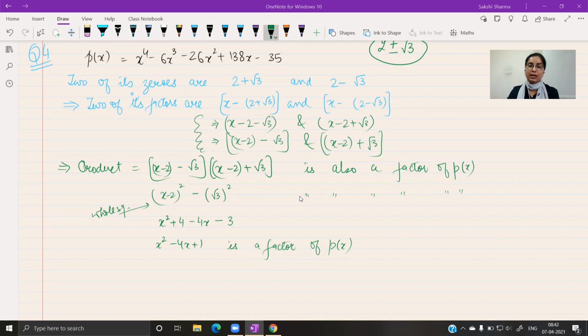The next step is to carry out the division. Px is to be divided by this factor. Tell me what the quotient is.